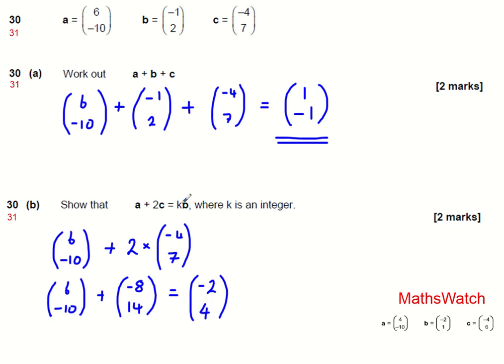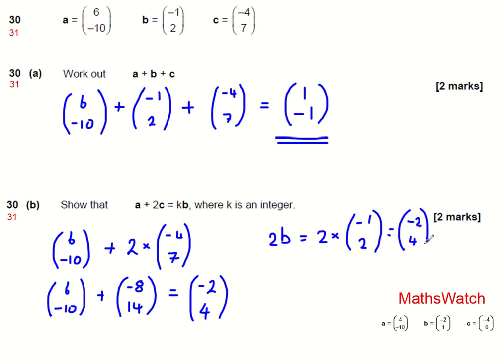Now to show that this is equal to KB, we need to say, is there a number that we can multiply this vector of minus 1, 2 to become minus 2, 4? And if you look at both of those numbers, they are both double what we have in B. So actually 2B is equal to 2 times minus 1, 2, which is the minus 2, 4.